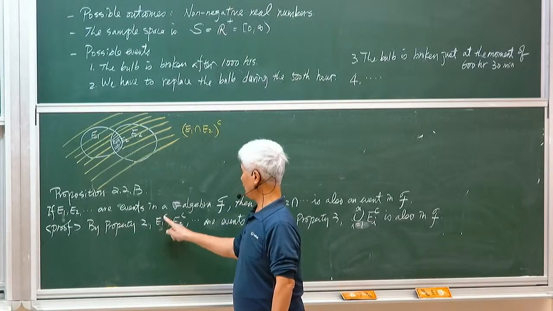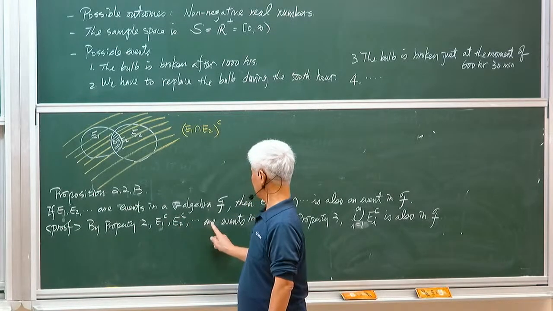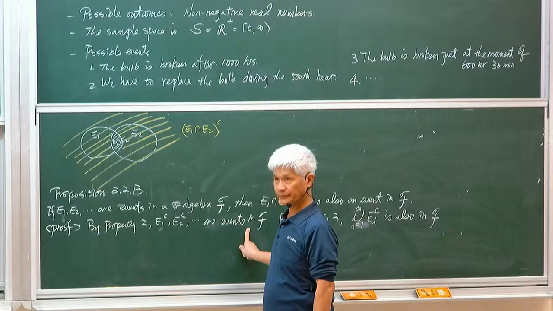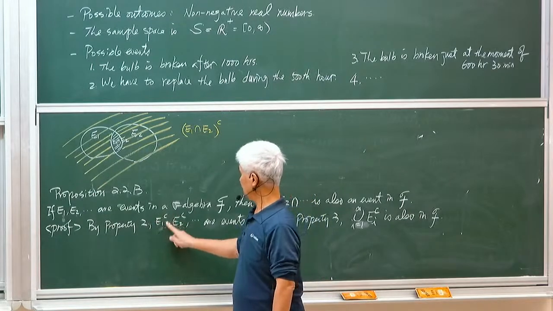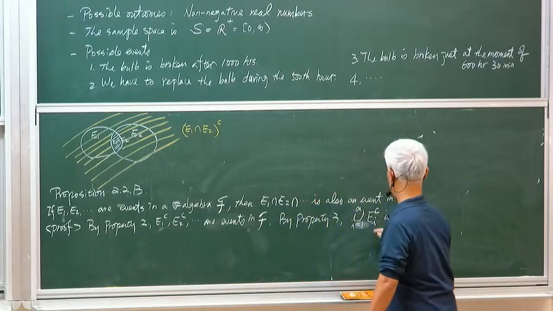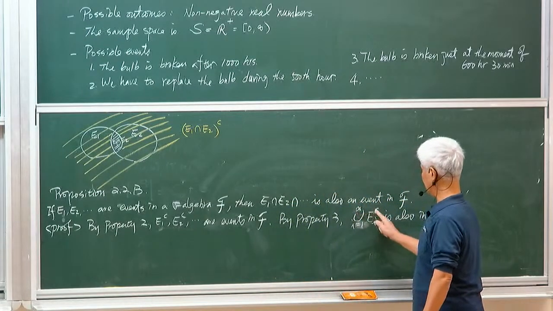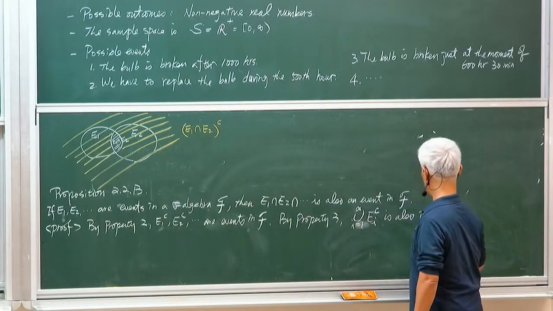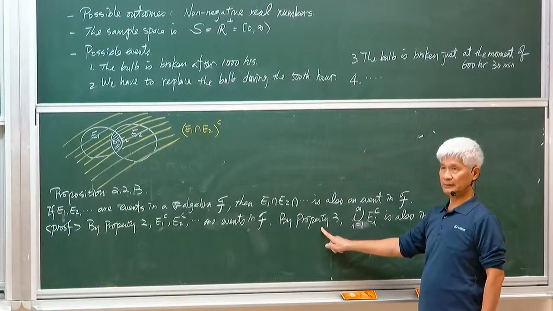So E1 complement, E2 complement, etc. are all events in F. Now, this is a sequence of events in F. So their union, the union of Ei complement, is also in F, by property 3.